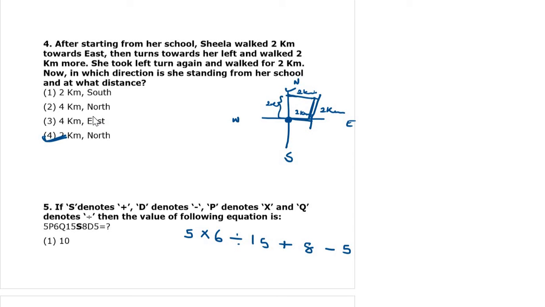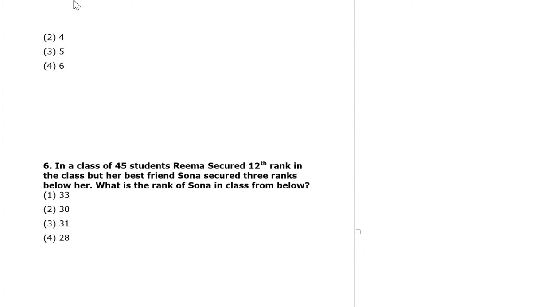First, any bracket or multiplication, division you have to do. Okay. So within the bracket we can write 5 6s are 30 divided by 15, plus 8 minus 3 5s are 15. This is the division. So 2 plus 3, 5. Answer is 5. Okay. Come to the next question.